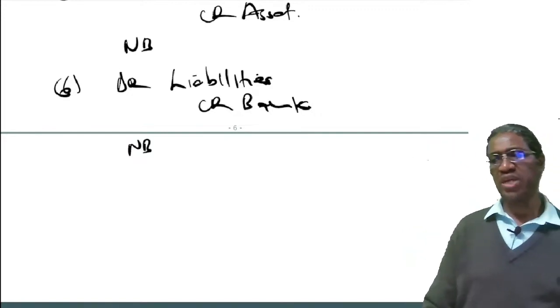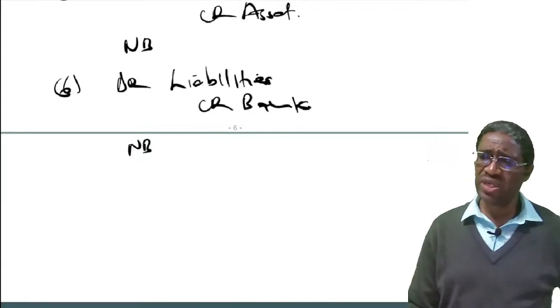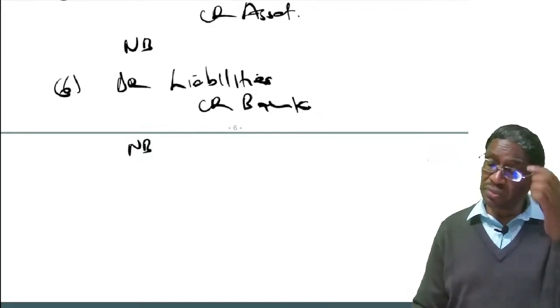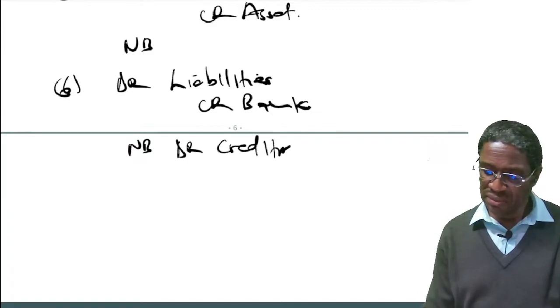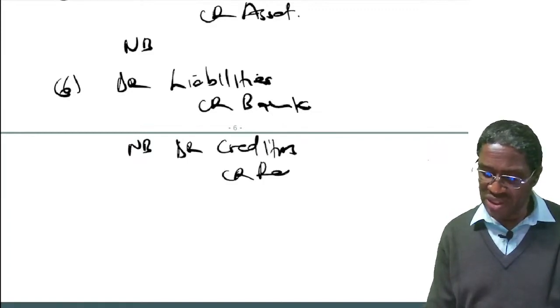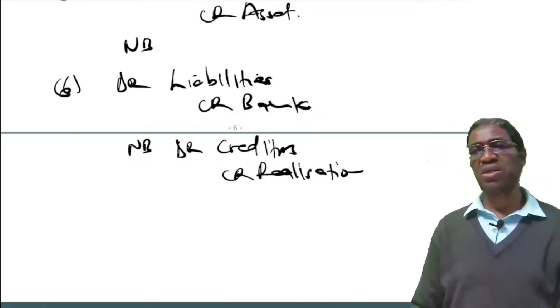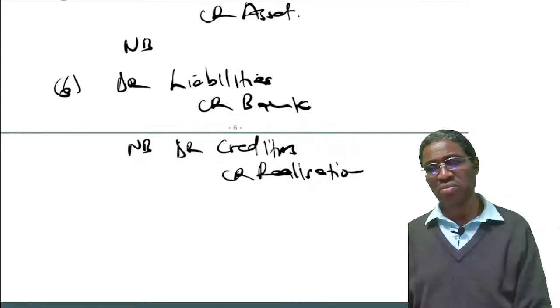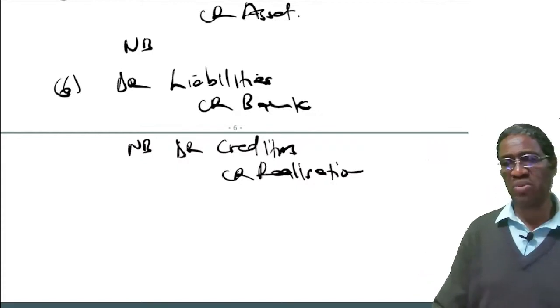Then you consider NB: with any discount received from creditors, debit creditors, credit realization. That's number 6.